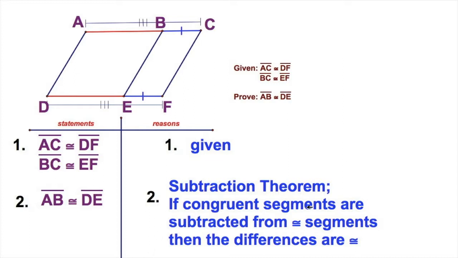If congruent segments, that is the two blue ones, are subtracted from congruent segments, that is the long ones, then their differences, that would be the red ones, are congruent. Make sure you're writing it the right way, meaning you are using the subtraction theorem with segments, not angles. We've got only segments in this picture. Well, let's just look at the next example to see how else we might use this theorem.